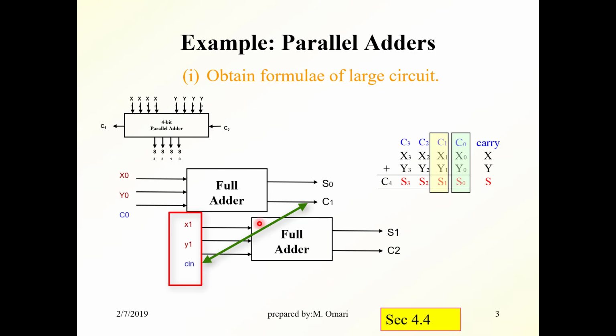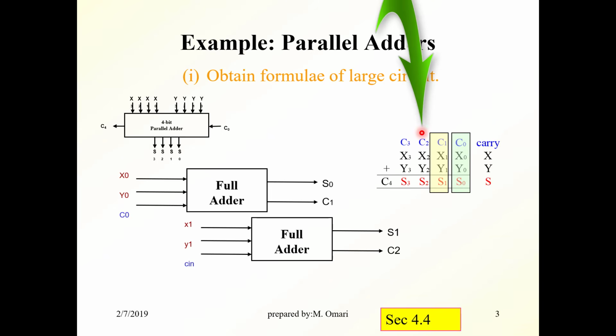So we can connect this C1 here to Cn. Now the result is S1 and a carry, which is C2, that is taken to the other stage here. So we connect C1 as an input to the second full adder.